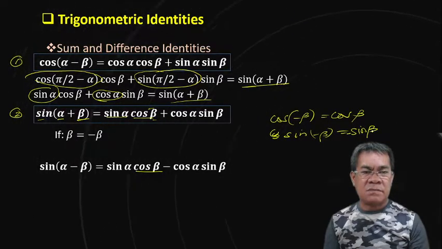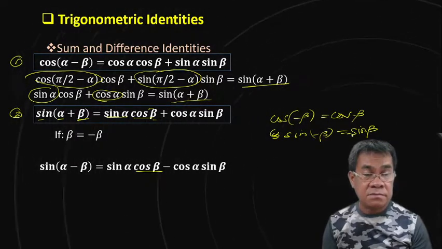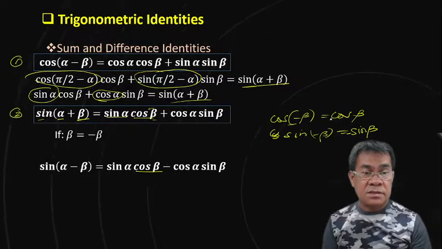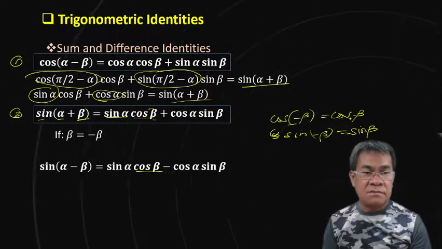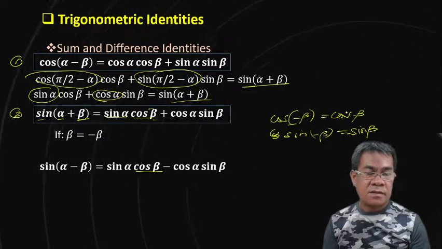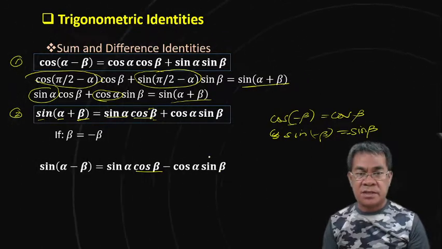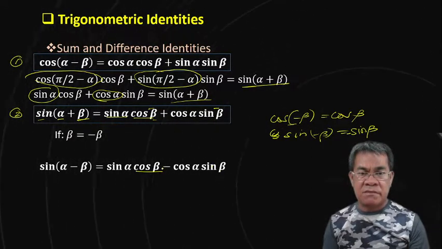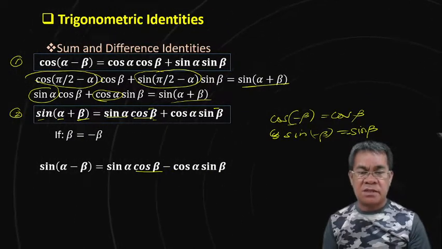So the angle becomes positive, but the term becomes negative. So in this case, if you replace beta with negative beta, the result becomes negative sine of beta. Therefore, the second term becomes minus.